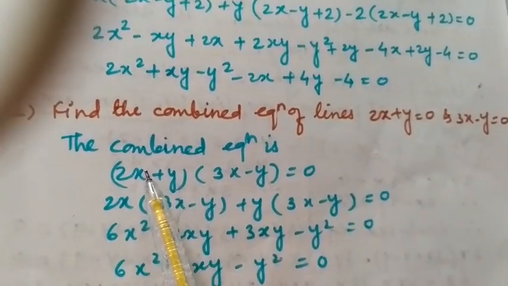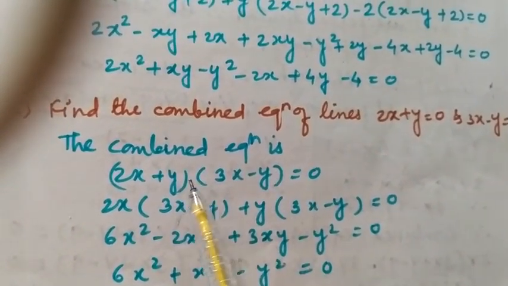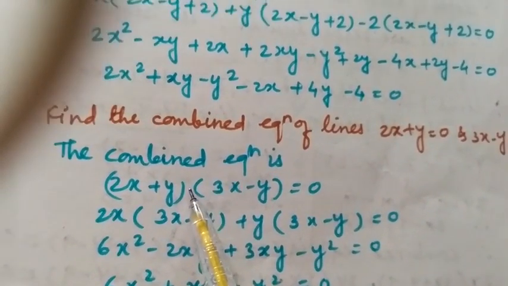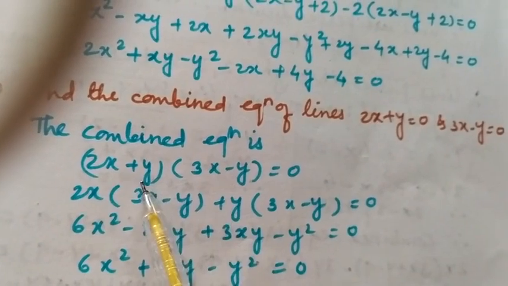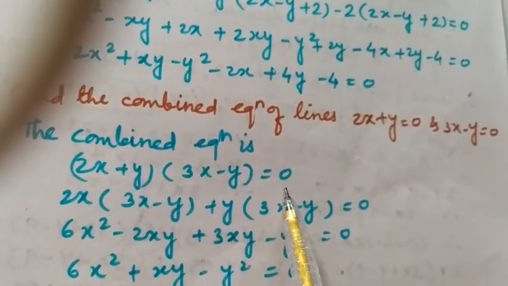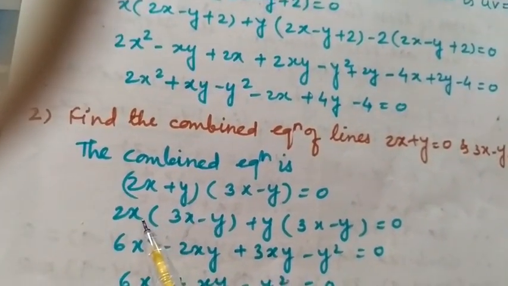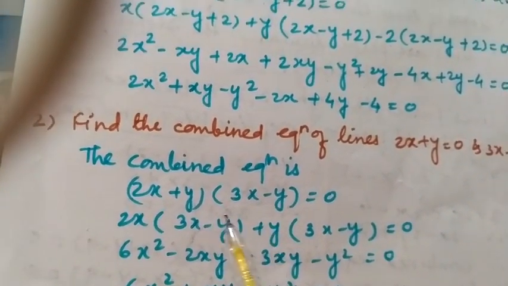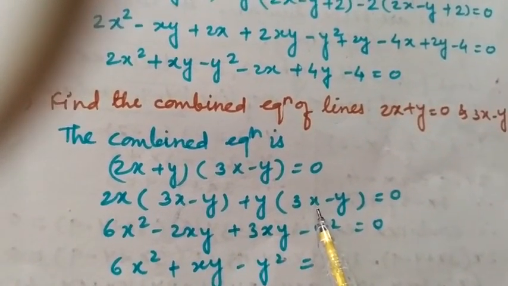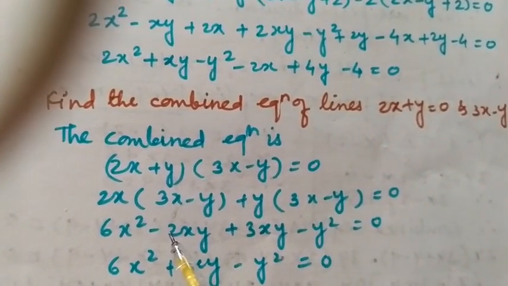Find now the combined equation. The combined equation is by multiplying. First let us suppose the first equation is u, the second equation is v, u into v equal to 0. Simplify: this 2x is taken here, multiply this 2x with this complete bracket as well, plus y, multiply this complete bracket, will give you the equation.